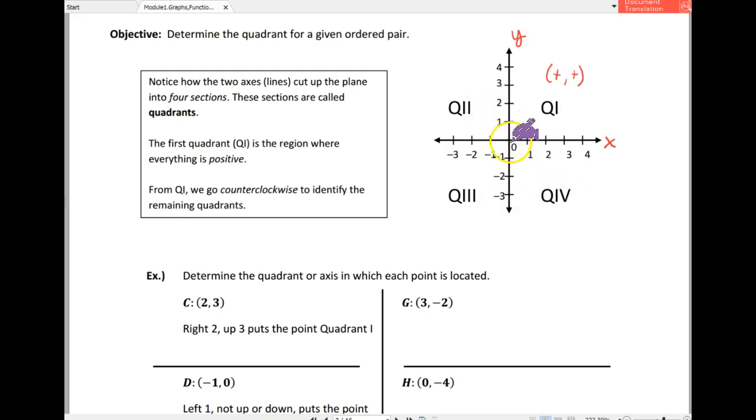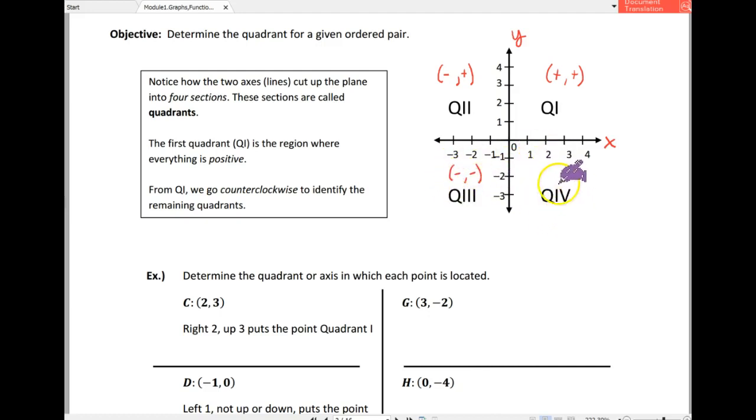So now looking at our xy axis, the x values will be negative in this quadrant for the x value and positive for the y value. In the third quadrant, they will be negative in the x coordinate and negative in the y coordinate.